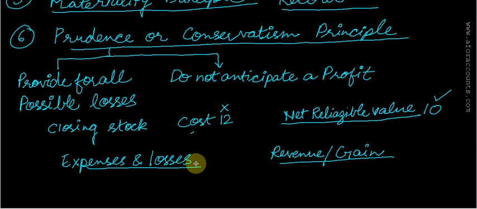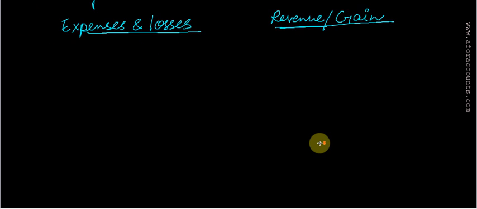What they say is provide for all anticipated expenses and losses, but do not record any anticipated revenue or gains. Okay, now the next principle, cost concept or historical cost principle.